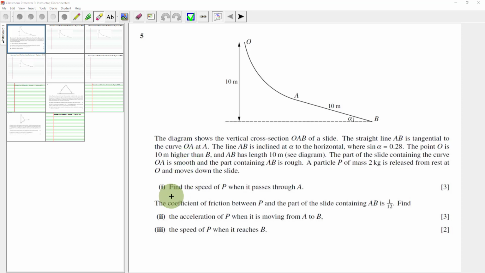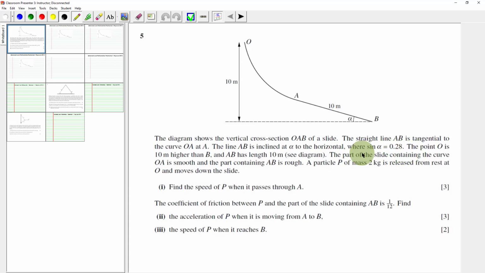So this is question 5. As usual, we start by reading the question. The diagram shows the vertical cross-section OAB of a slide. The straight line AB is tangential to the curve OA at point A. The line AB is inclined at alpha to the horizontal, where sine alpha is 0.28.